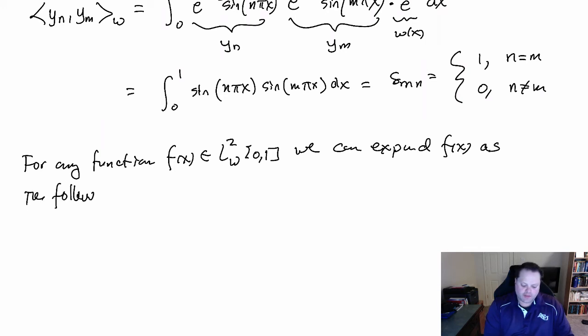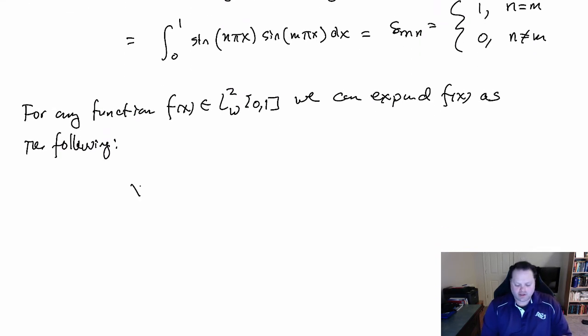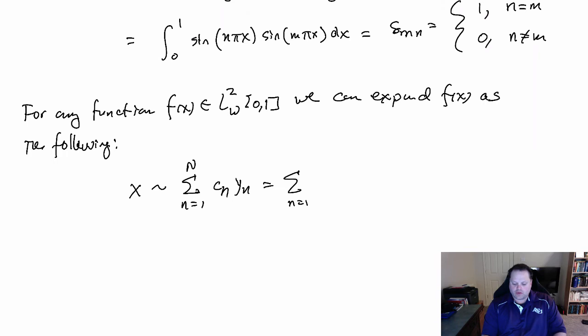And for this example, we were asked to expand the function x, so I'll just show it to you for the function x. You can expand x as a sum and goes from 1 to, I'm not going to do infinity, I'm going to call it capital N, of Cn Yn, which is, for our problem, the Yn are e to the minus x over 2 sine n pi x.